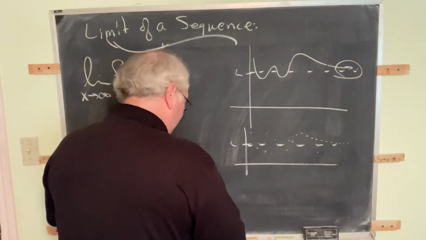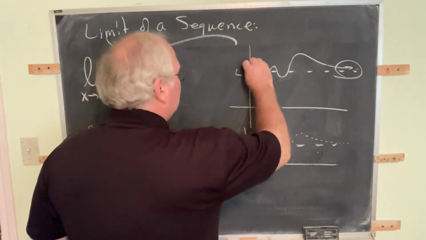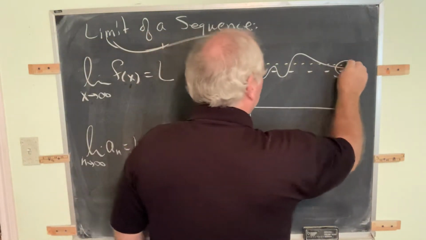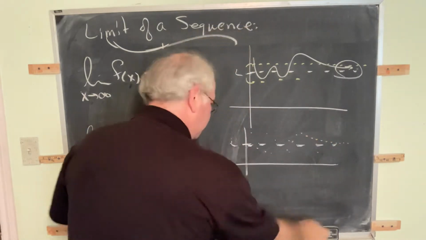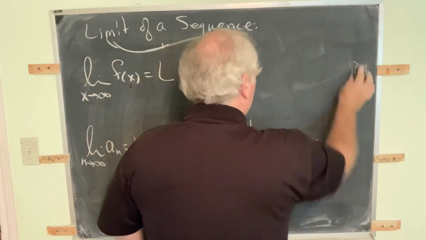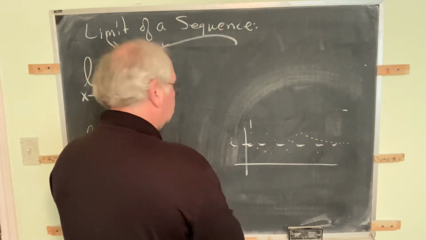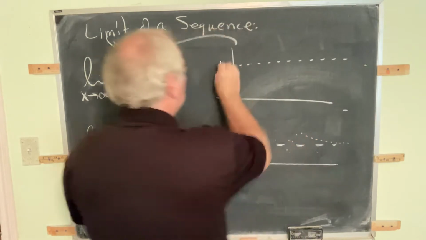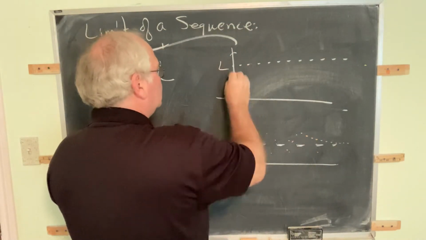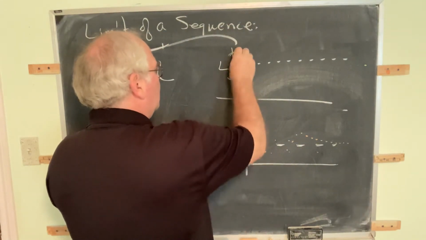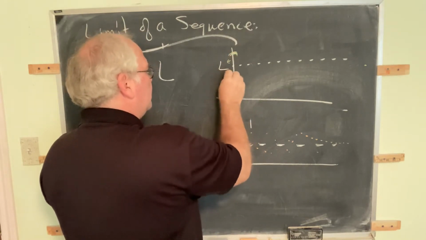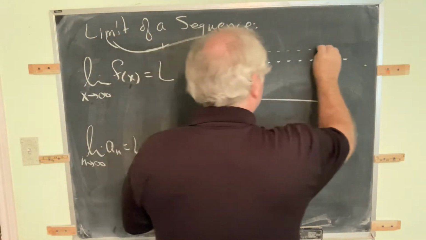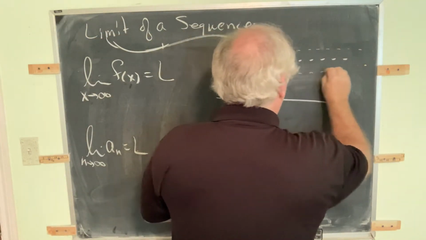Given any epsilon, let me take a green epsilon. Given any epsilon, let me make a better picture than this. Given any epsilon, no matter how small, so this is epsilon, this is epsilon, this is L plus or minus epsilon, it establishes a boundary.